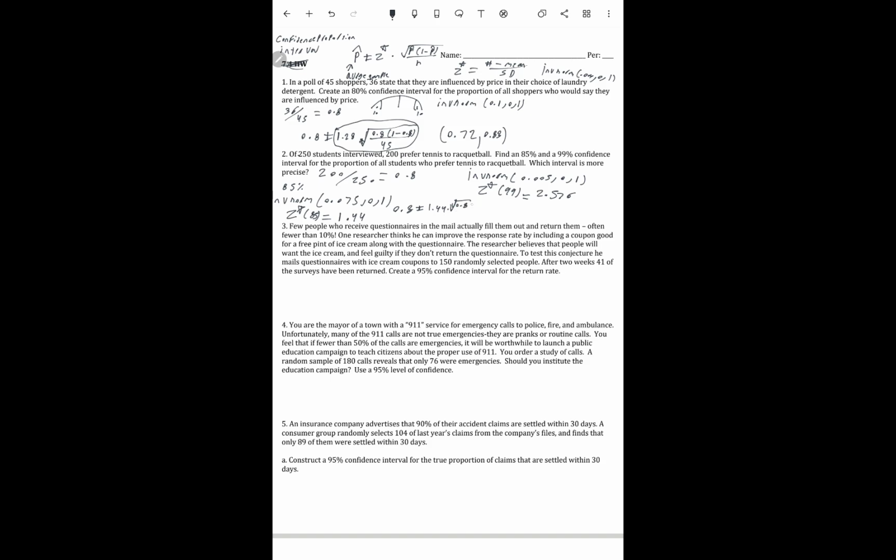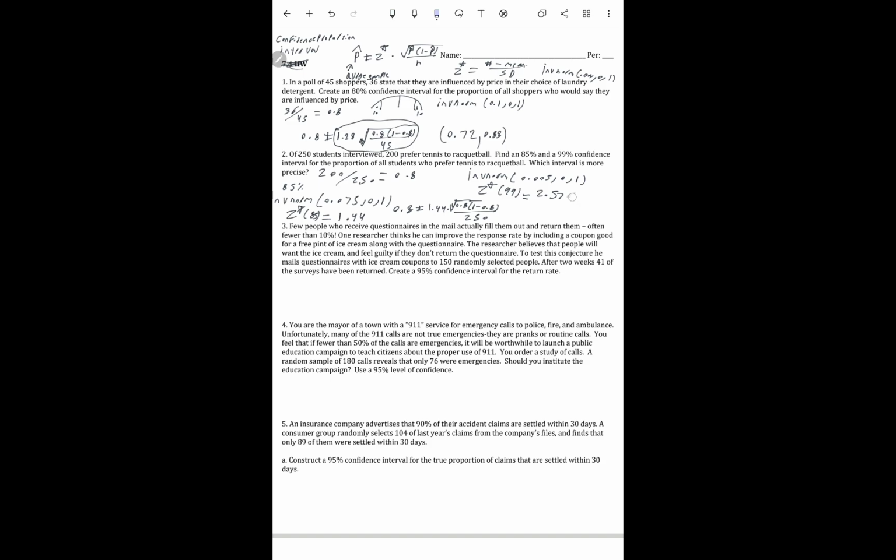0.8 over, what is that, 250? Okay. And this one, which is what? Our z-score is 2.576. Wait, no, it's not.